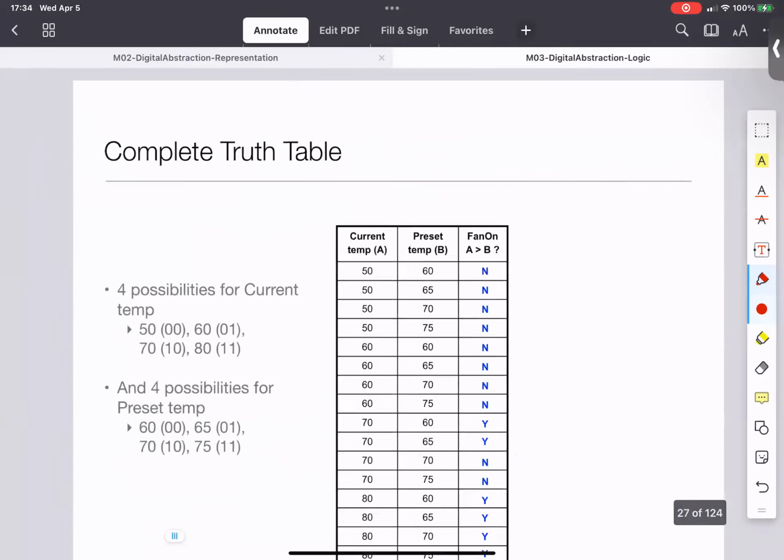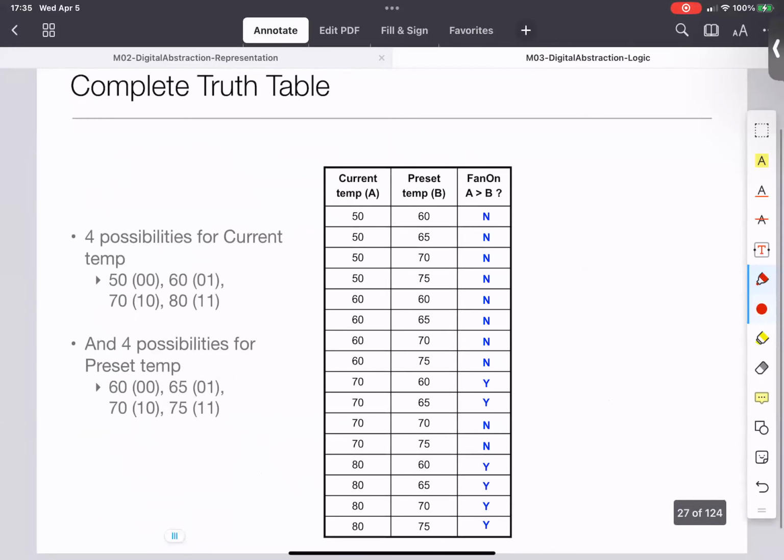Some of these are marked as yes because current temperature is higher. So in this particular case, there are 6 rows where output is yes, and the other places output is no. So I can do this listing.